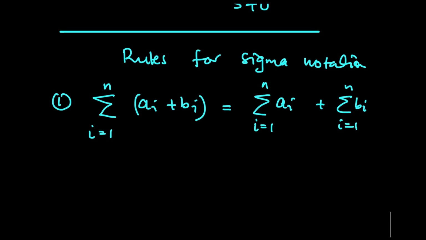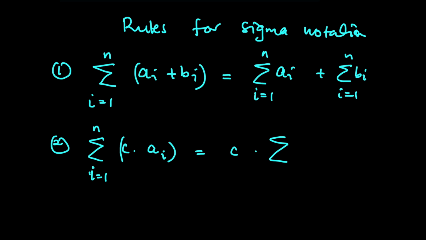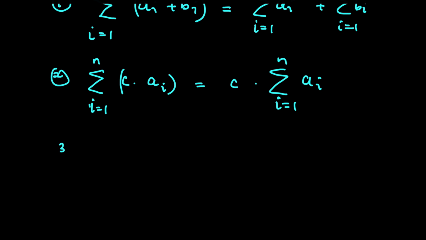So that works. Then the second one, if you've got a constant times A_i from i equals 1 till n, you can take out the constant times the sum of A_i from i equals 1 to n. So that works. Then number 3 here.